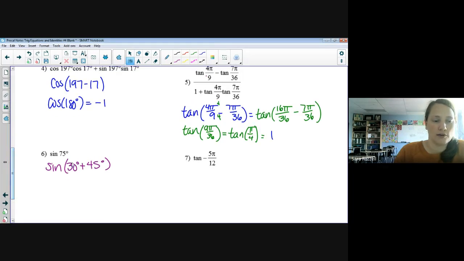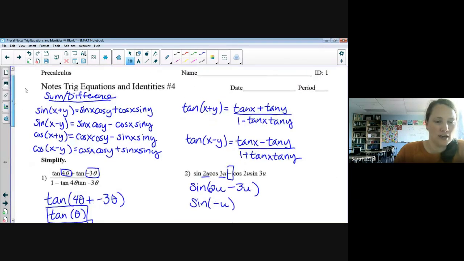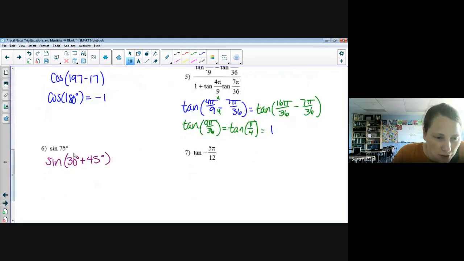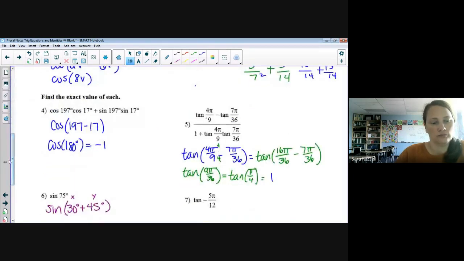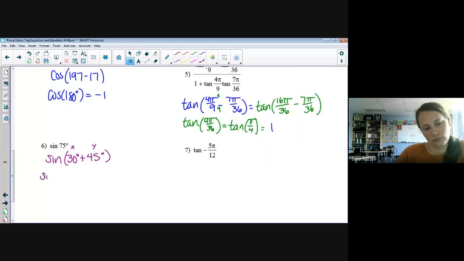So this would be like our x and this will be like our y. Sometimes people use u's and v's. Our sine formula, just as a reminder, is sine cosine plus cosine sine. So sine 30 degrees, cosine 45 degrees, plus cosine 30 degrees, sine 45 degrees.